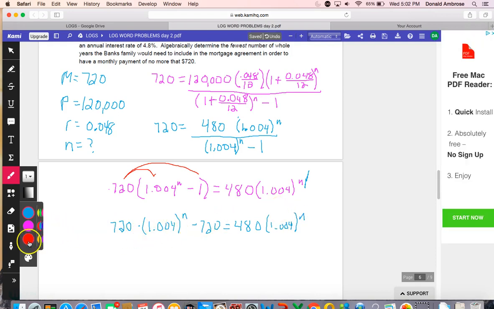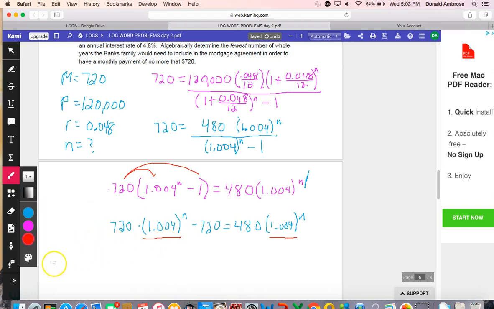Now, you'll notice that we have here this exponential expression, 1.004 to the nth power, and this exponential expression as well, 1.004 to the nth power. These two terms are like terms because they have the same base and exponent.